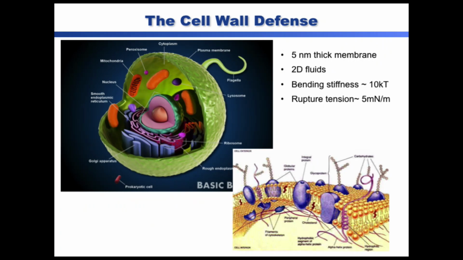And the cell defense has, of course, evolved over millennia to be very resistant to puncture. And so I'd like to give the analogy, we think of cells as very soft, fragile objects. A better analogy is actually thinking of a plastic bag floating in the ocean or something like that, where if you push on it, you can deform it very easily, but to get through it, to rupture, is actually very, very difficult.